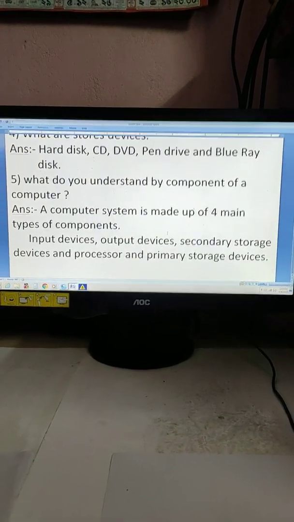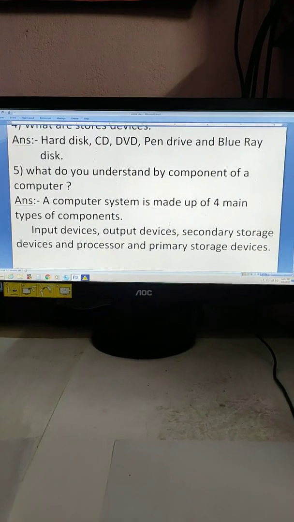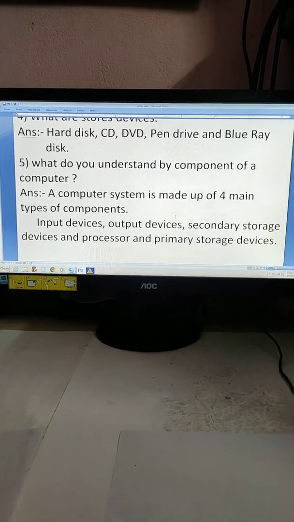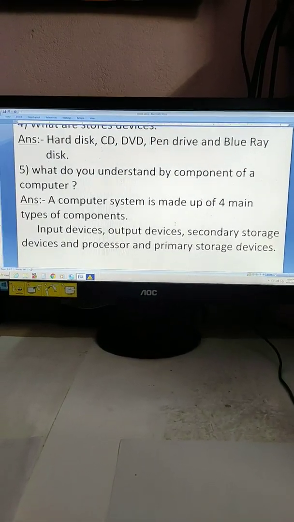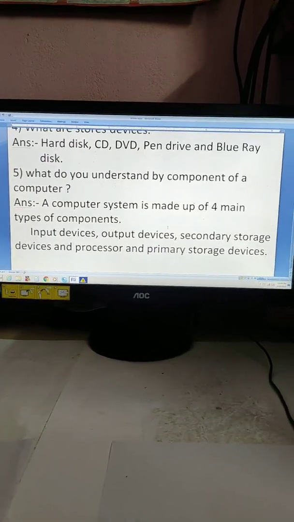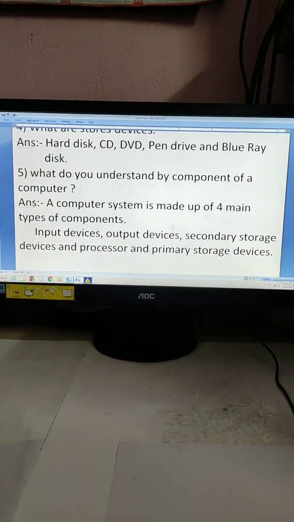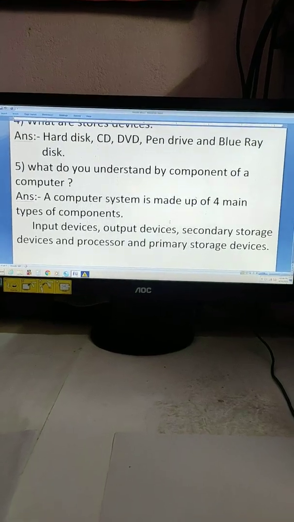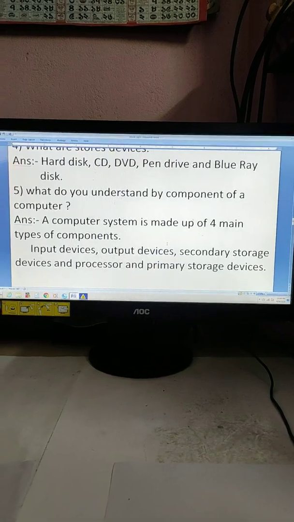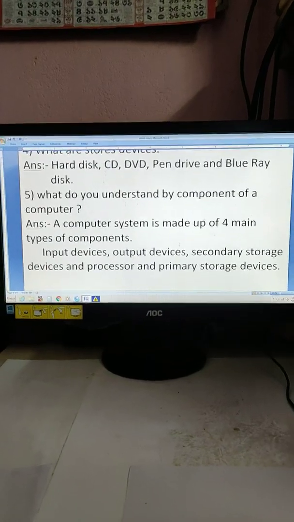That is why I gave you all the devices separately to write the names. Together these components make a computer. These are the devices that are called computer components.